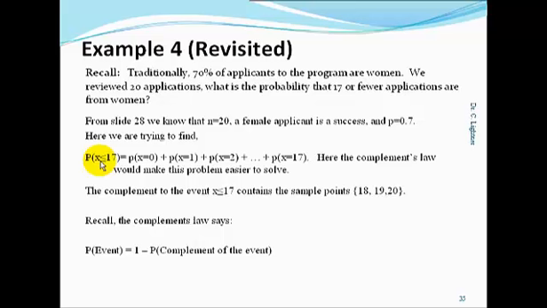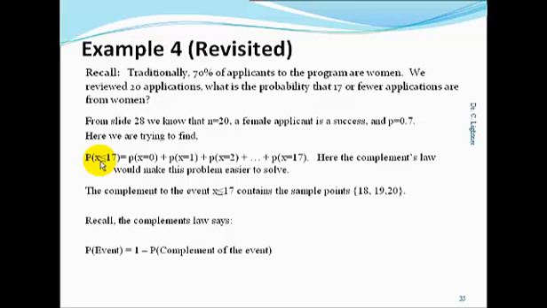So in order to compute the probability that X is less than or equal to 17, we can sum the probability of having X equals 0 successes plus the probability of having X equals 1 success, all the way up to the probability of having X equals 17 successes. Here, the complement's law would make this problem much easier to solve.